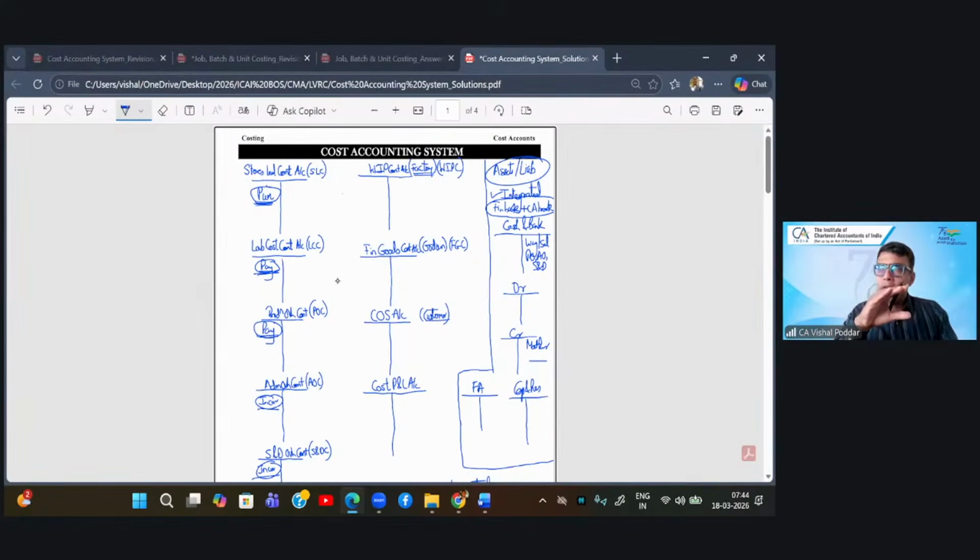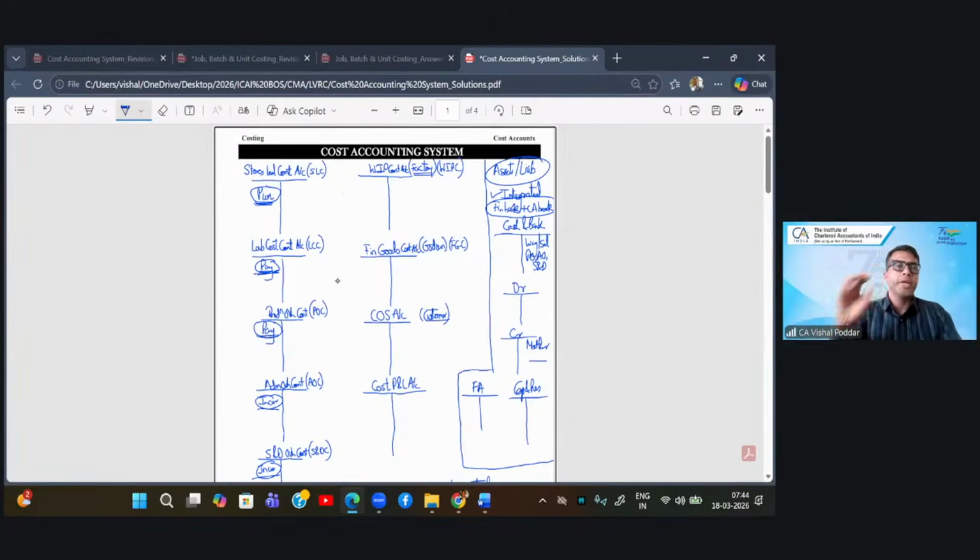Here we will debit the labor cost control account because that represents wages, salary, everything, and we will credit the common account, which is the cost ledger control. So the difference is now only in names. So the first series of entries, which is for expenses paid or expenses incurred, is simple.